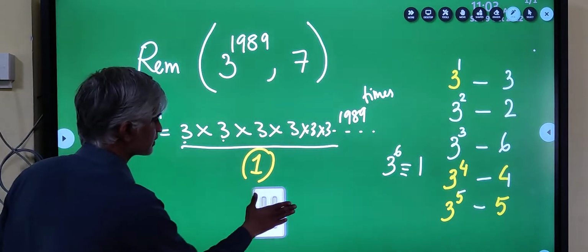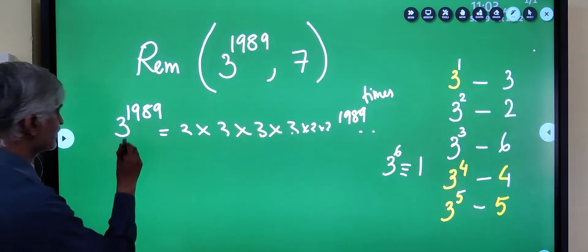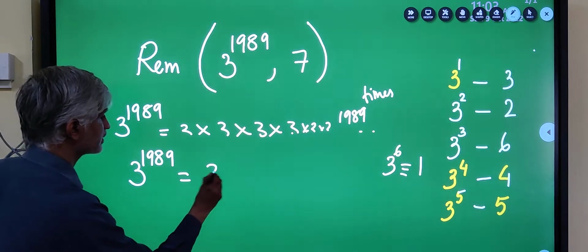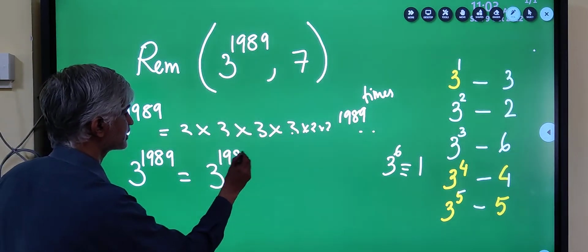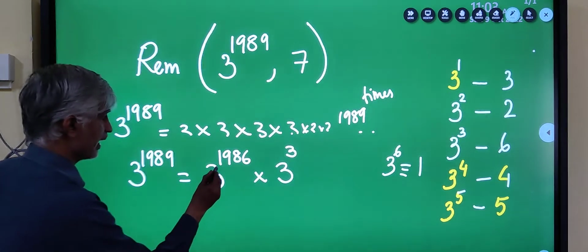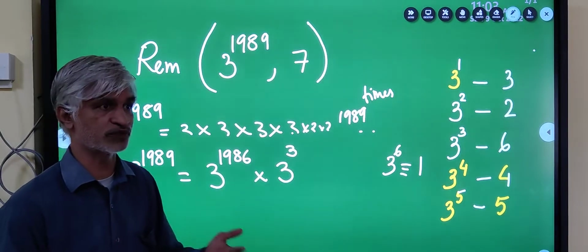So let me just summarize what we just found out. What we are essentially saying is that 3 raised to 1989 is nothing but 3 raised to 1986 multiplied by 3 cube, and 3 raised to 1986 is perfect groups of 6.